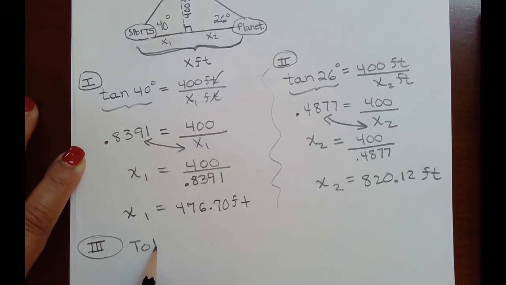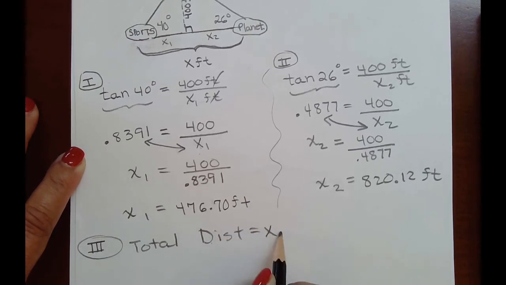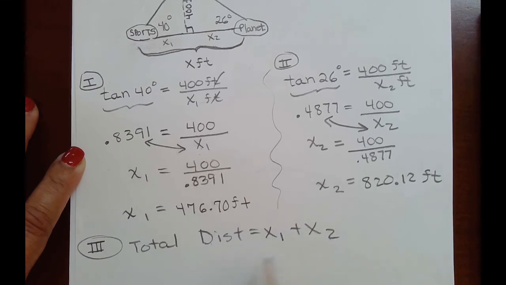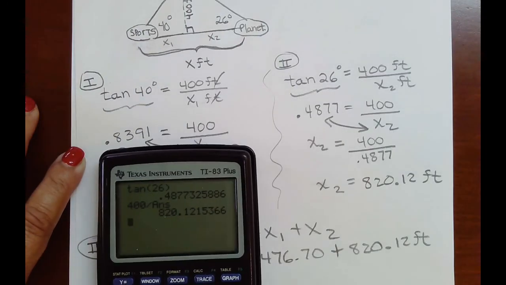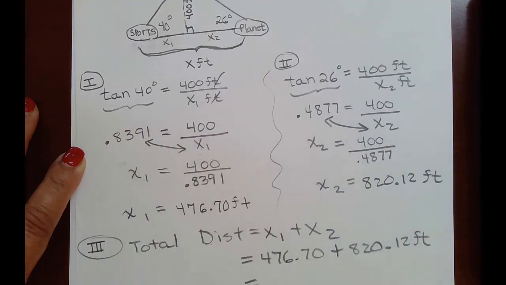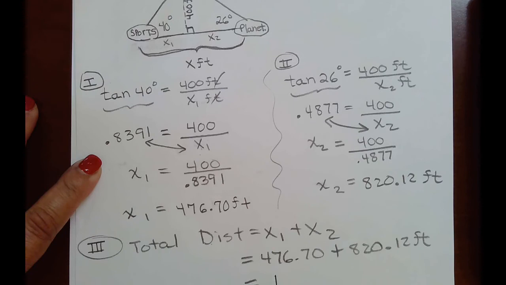So total distance is equal to x1 plus x2. That could be 1296.82.